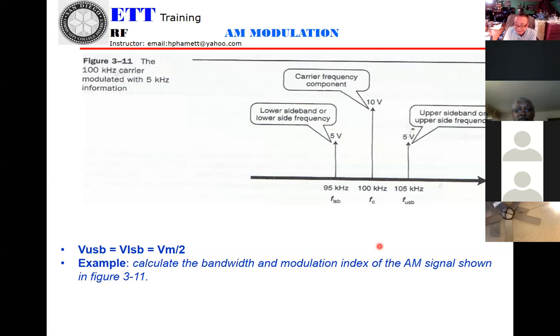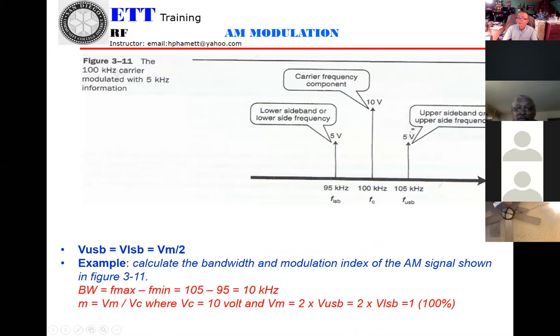You can tell me how many percent of the modulation. That's the answer, 33%. Look into the answer.